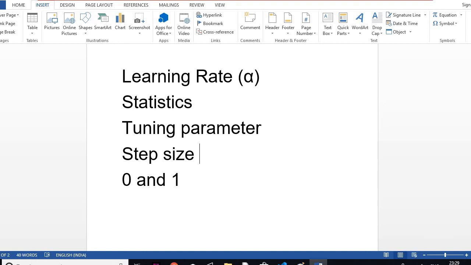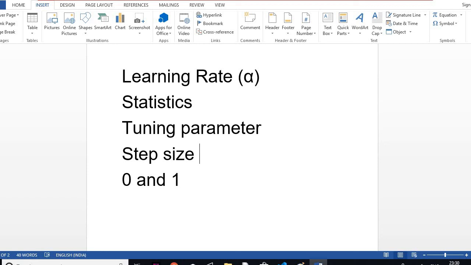When we do the Python program, and when we get into the details of gradient descent in the coming videos, you will see how we change the learning rate to minimize this cost function. So if alpha is very high, it will cause undesirable outputs in the cost function.